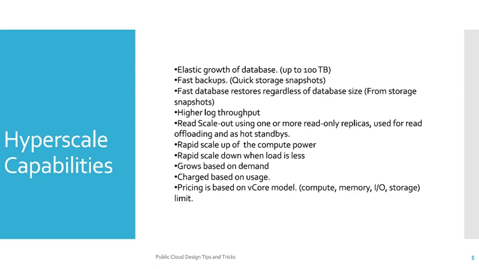That means if you have a high load, the scale up and scale down can be managed automatically. It grows based on the demand, is charged based on the usage, and pricing is based on the vCore model. That means compute, memory, IO and storage limit.